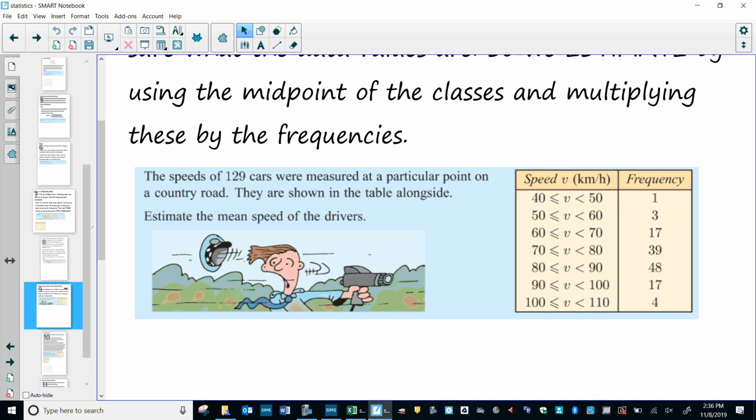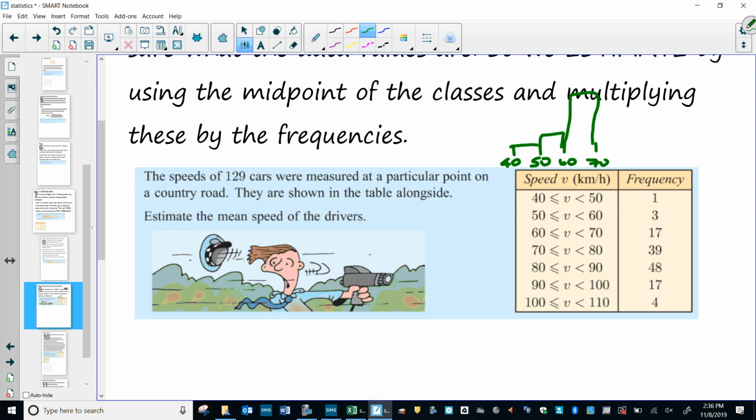So if we were to plot this information, remember we would label the sides, so 40, 50, 60, 70, etc. And then from 40 to 50 goes up to 1, 50 to 60 goes up to 3, 60 to 70 goes up to 17, and so on. So that would be a histogram because it's a range of data.